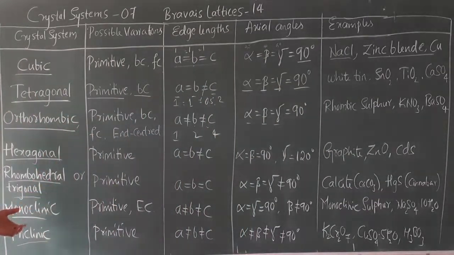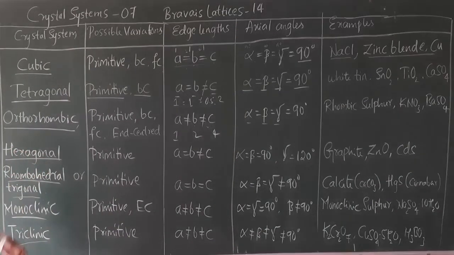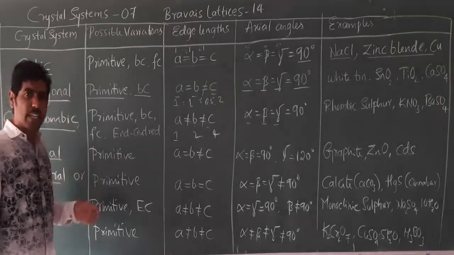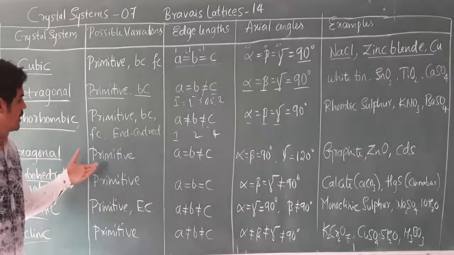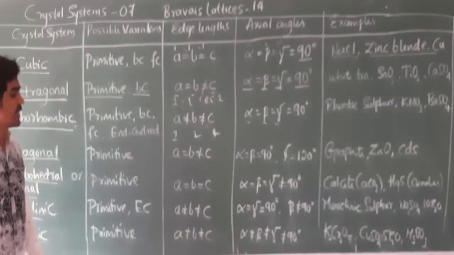Then the fourth type of crystal system is hexagonal crystal system. In this, the possible variation that can be found is only one, that is primitive unit cell.